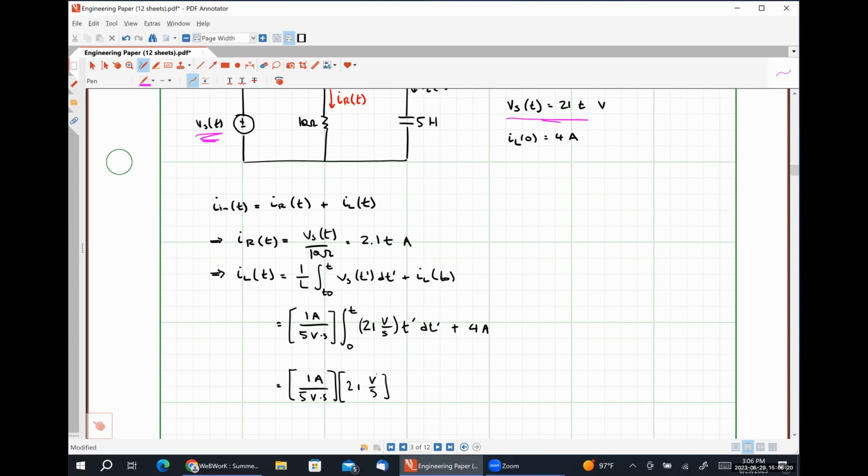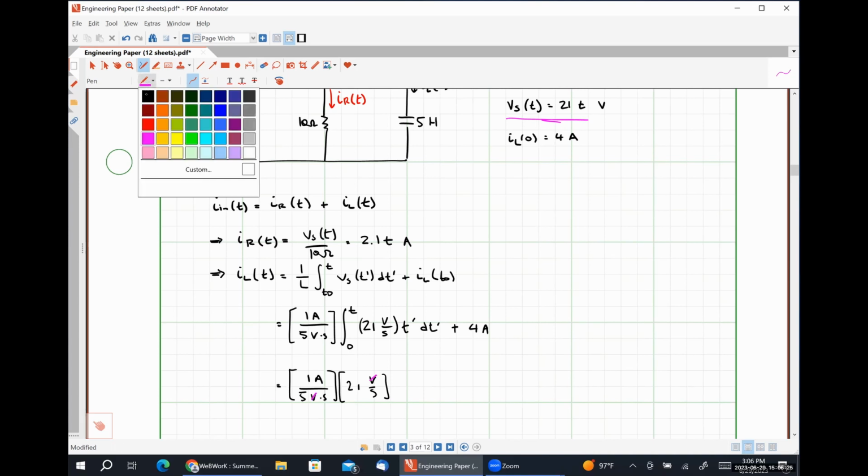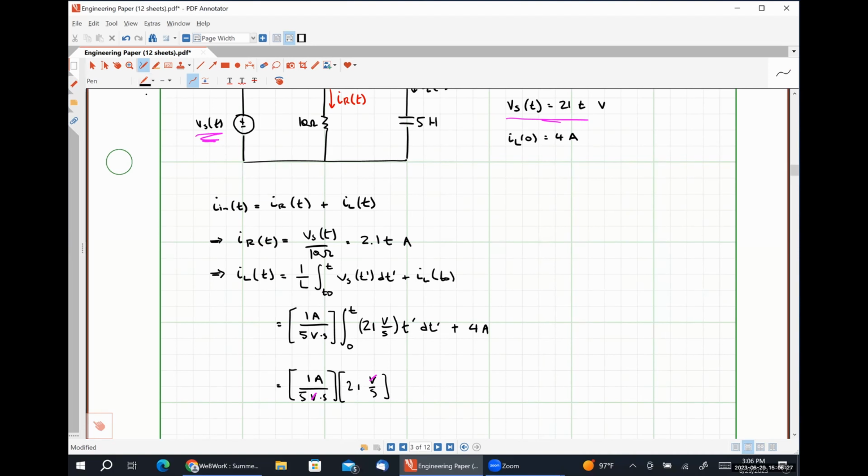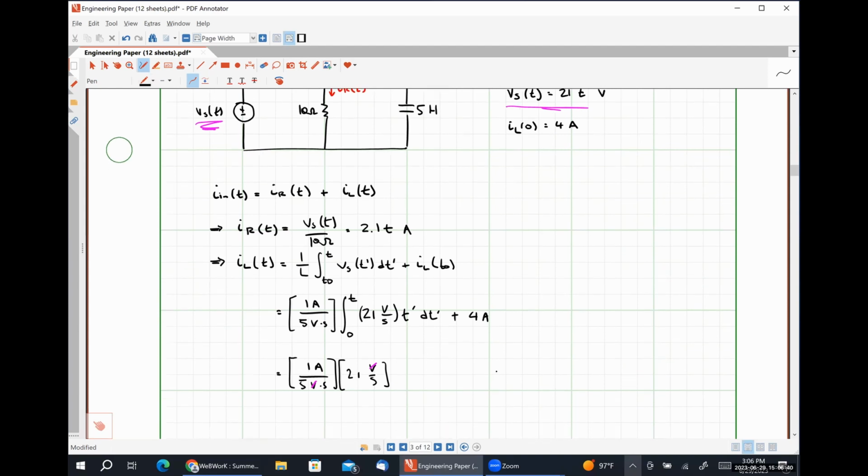So when I pull that 21 out, let's see what's going to happen here. So the volt is going to cancel and we're going to have amps per second squared. What's the integral of t with respect to time? So I pulled the 21 out. What I'm asking for is what is this?